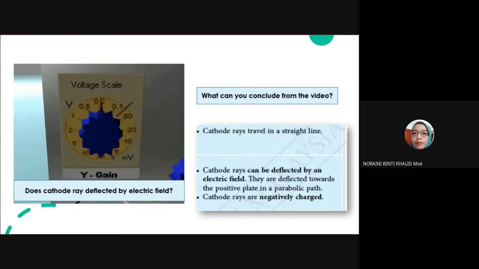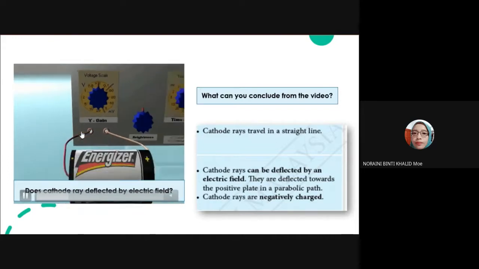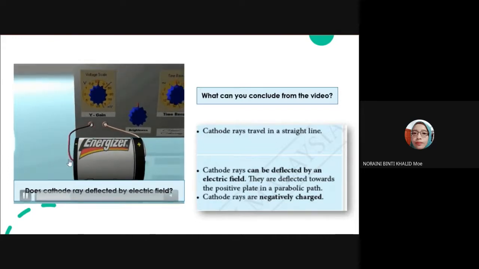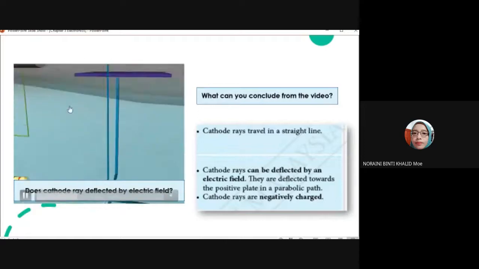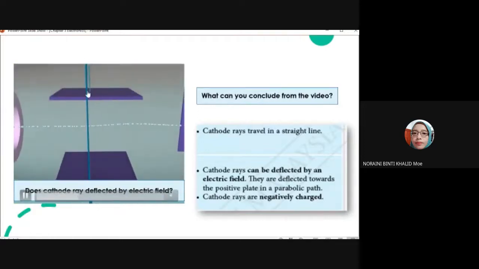Let's say we input a voltage across the top plate and bottom plate. For example, we input one battery here. This is positive and this is negative. So the top plate will become positively charged and the bottom negative.